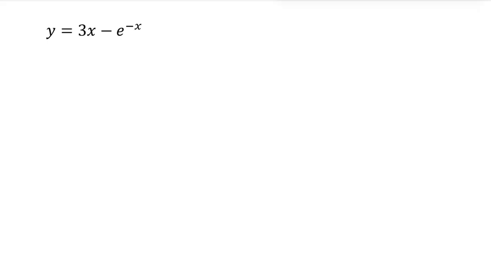Okay, next. This one's a little tricky. I'll help get it started, but it's very similar. You're adding a linear part with an exponential part. What's different about it? Well, I said adding. You're adding the negative version of something.